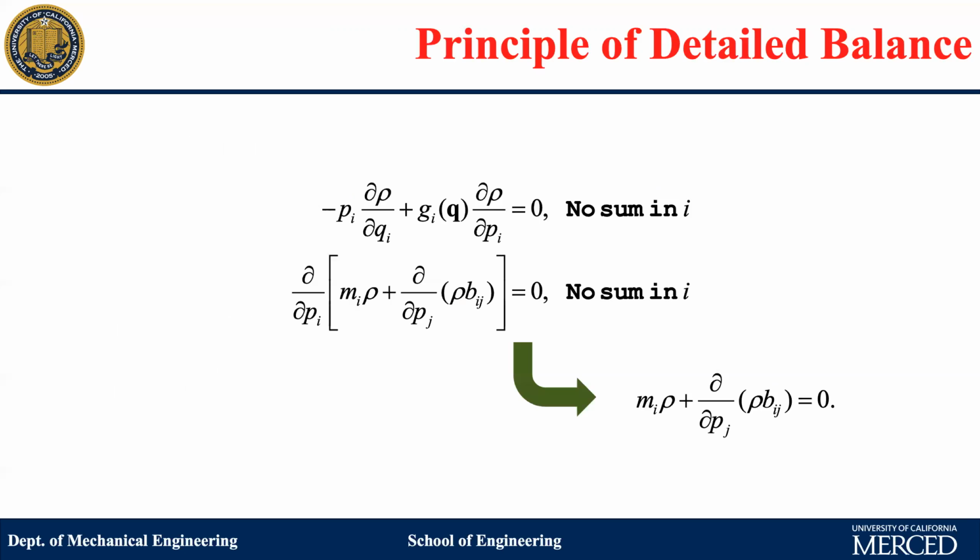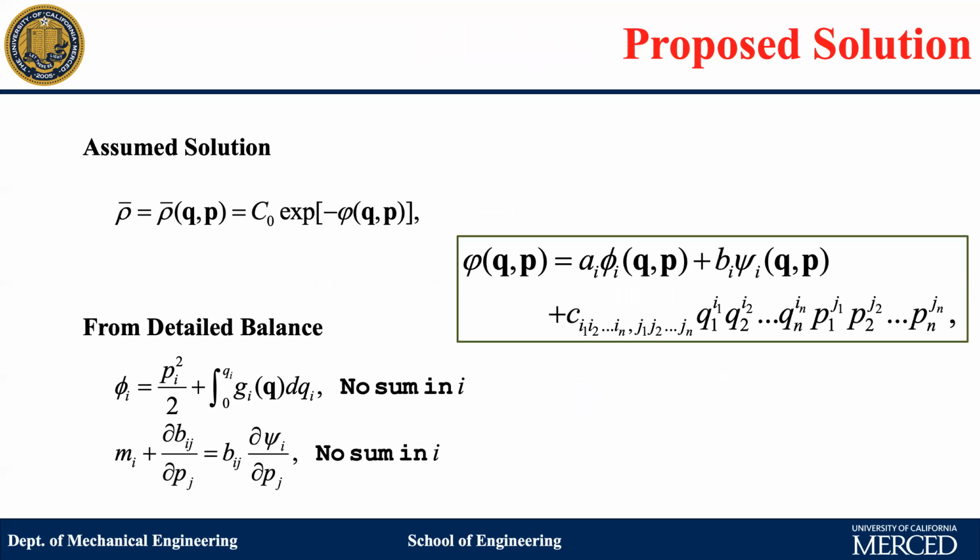However, these two sets of equations do provide some sort of solution, which we call phi and psi. Although they don't satisfy the whole FPK equation, they carry very important dynamic information of the original nonlinear dynamic system.